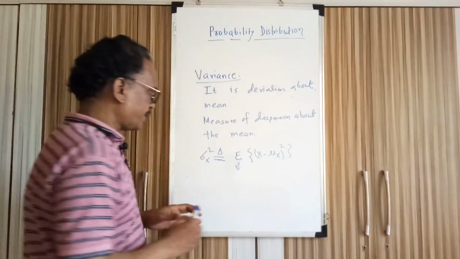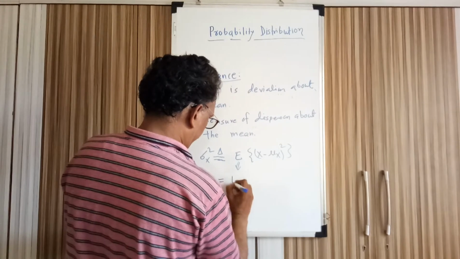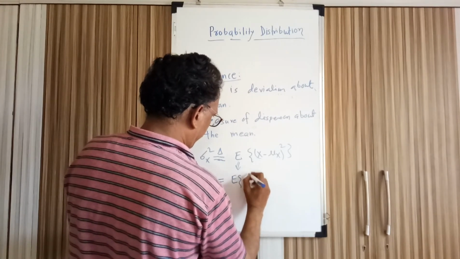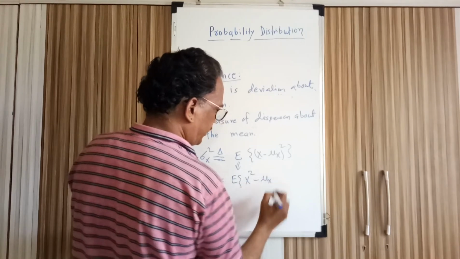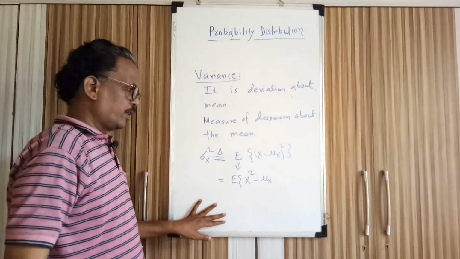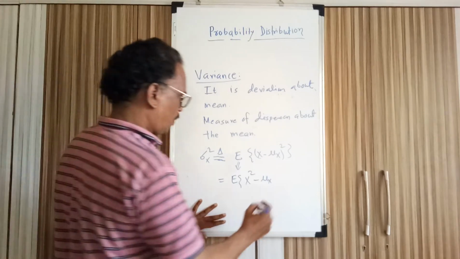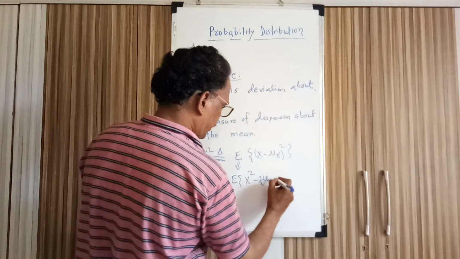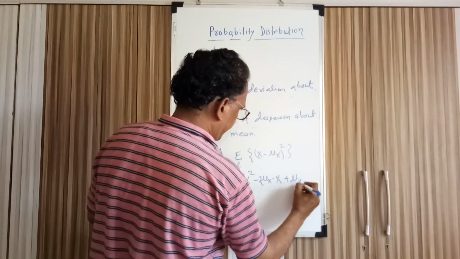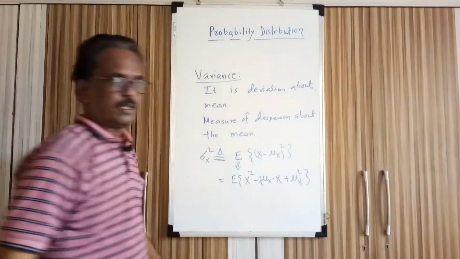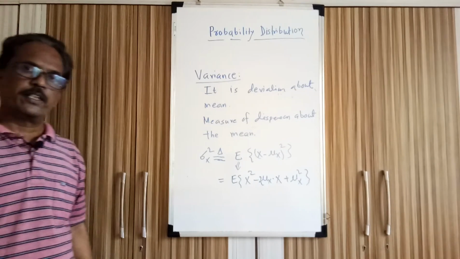So in this case, if you expand this, you will get x square, which is a purely random term. Mu x is deterministic, we know its value, so the expectation operator will not do anything with a deterministic value. And mu x square is also a deterministic value, and expectation of a deterministic quantity is the deterministic quantity.